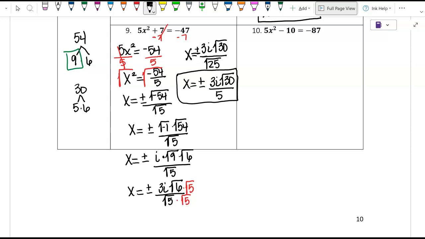Number 10, 5x squared minus 10 equals negative 87. I'm going to start by adding 10 to both sides. So 5x squared equals negative 77. Divide both sides by 5. x squared equals negative 77 divided by 5.